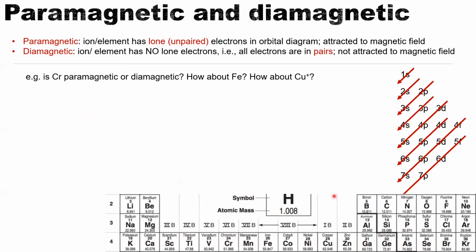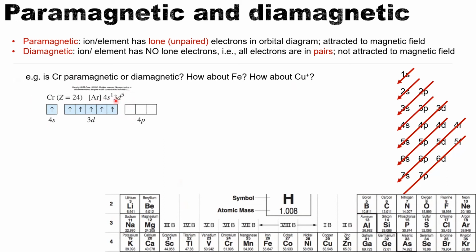When we write the electron configuration, we can write bracket argon and then write the electrons starting with 4s. For chromium, it has argon 4s1 3d5. It's an exception because the 3d is half filled. We prefer to have the 3d5 and 4s1 configuration.